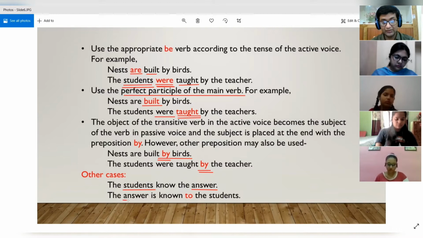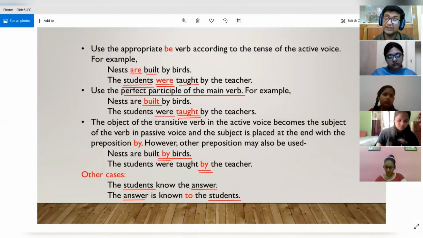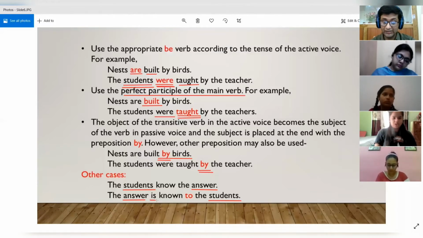So the answer has become the subject and the students have become the object in the passive voice. This is the first change. Now let's see the second change. The appropriate form of the be verb is being used, and over here it is is, right? So this is the second change that we have made.